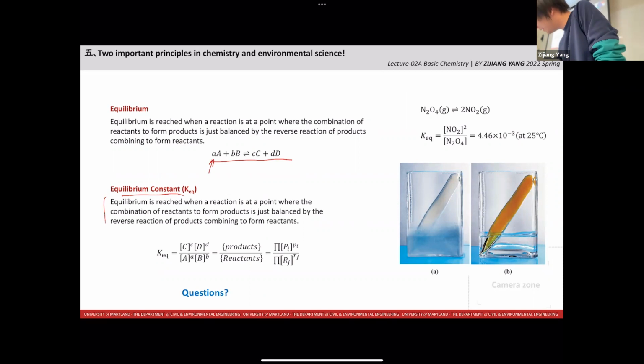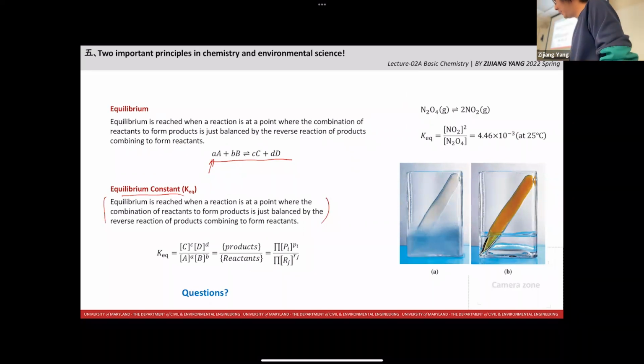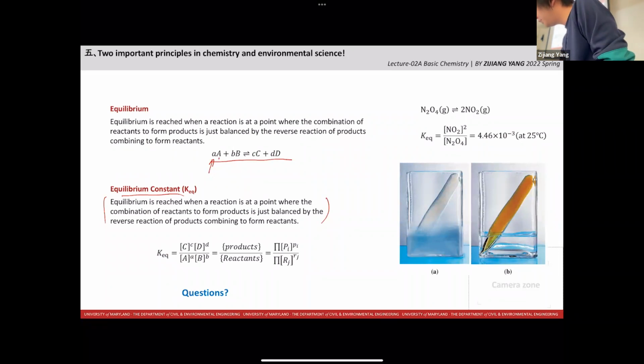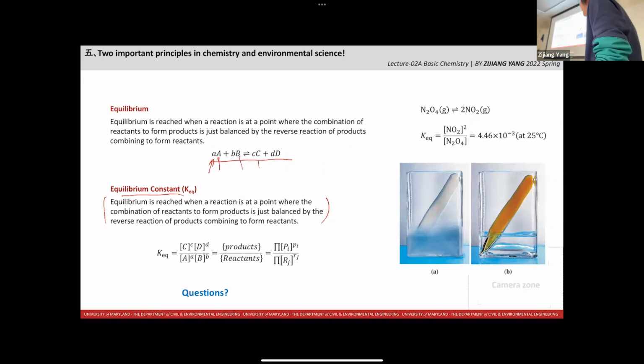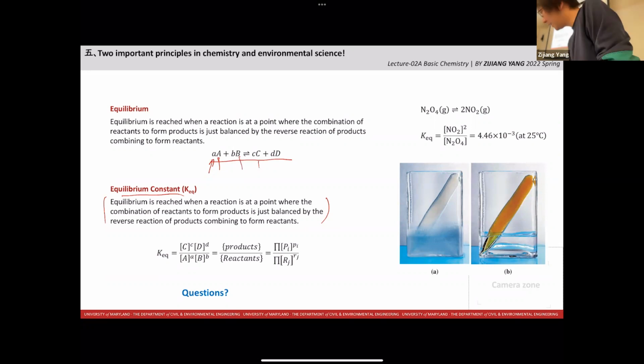So this is just to describe when it is at equilibrium, which means the concentrations of A, B, C, D will not change. So in this case, this K_eq equals to this reaction. We can see this is the concentration of C, and the order is its coefficient.